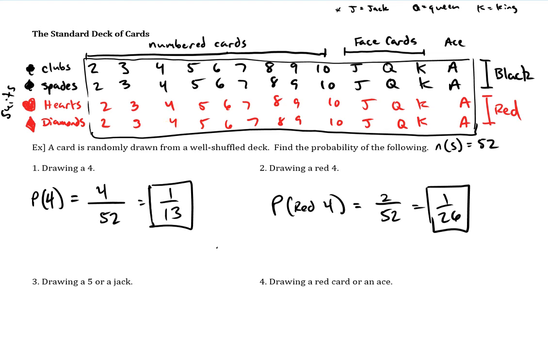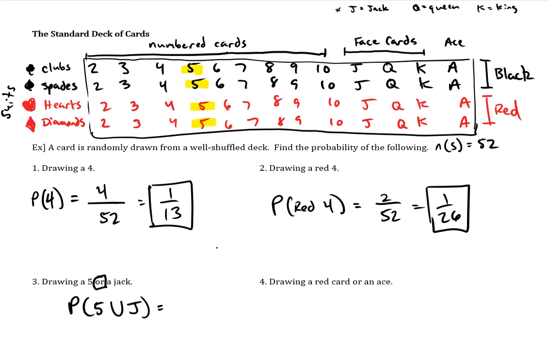It's just counting. All right, so on number 3, drawing a 5 or, let's box that, or a jack. So the probability of a 5 or a jack. Again, I'm going to highlight, but erase my highlight. There are 4 5s right here. There's those.